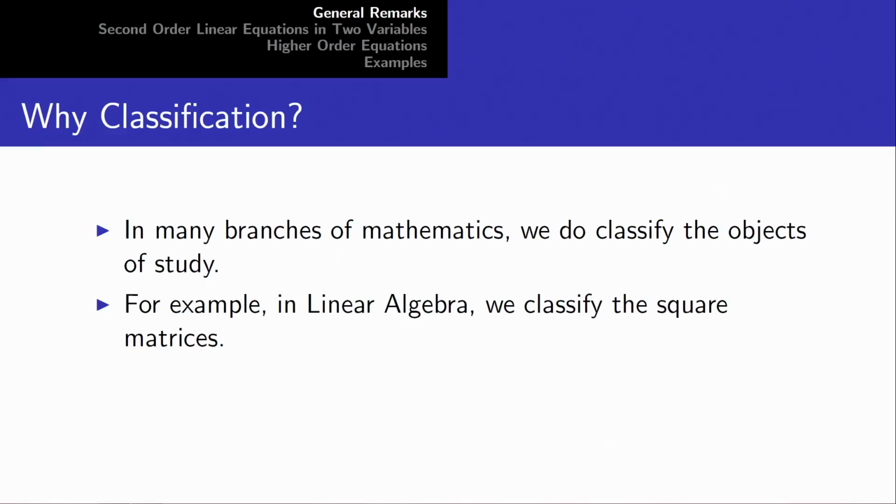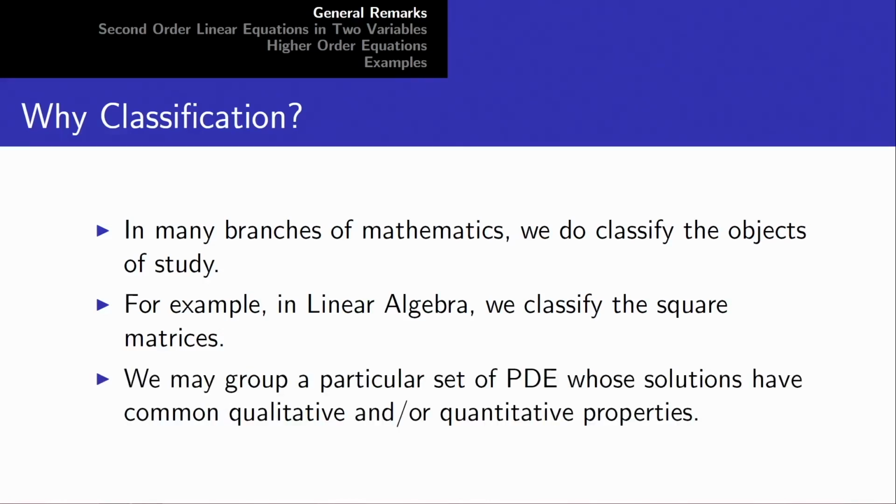In order to group a particular set of PDE whose solutions have common qualitative or quantitative properties, so that, given a PDE, we will recognize into which group it falls.